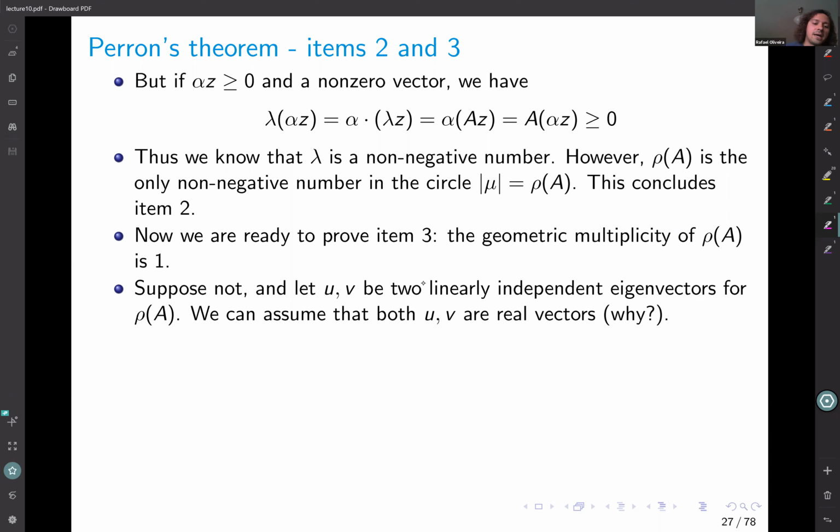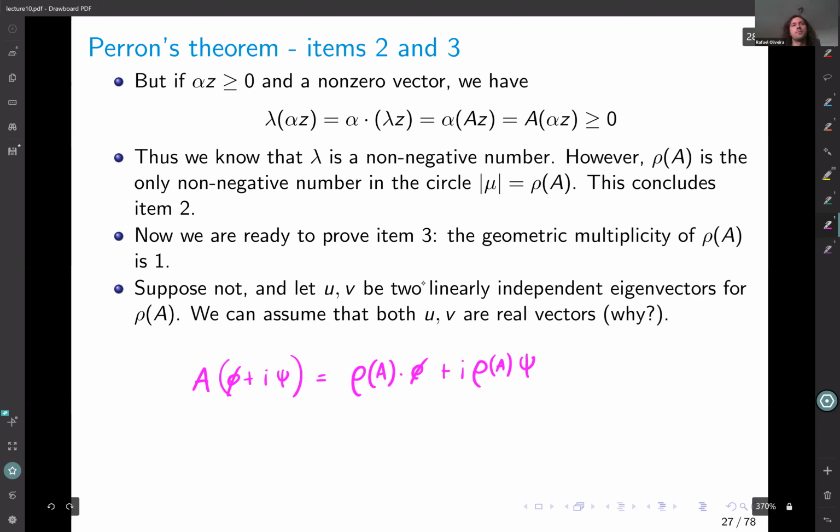If I had A times a complex vector, which I can write as phi plus i psi, where phi and psi are real vectors, well, this is going to be rho of A, which is a real number, times phi plus i times rho of A times psi. So if I compare the real parts, phi is an eigenvector, and psi is also an eigenvector. So that's why we can assume that both of them are real vectors.